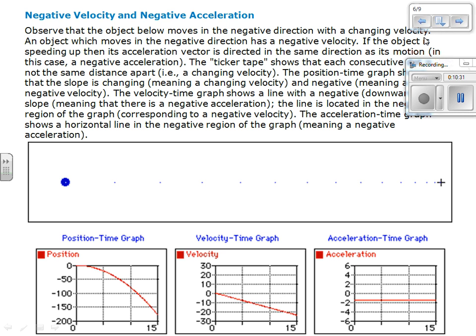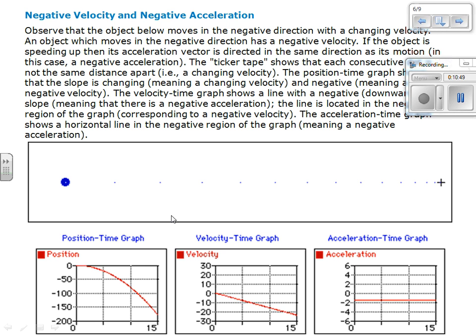Now look carefully here at this position time graph. It's speeding up, which means the slope has to get steeper, but it's going left, right? So it has to be in the negative territory. That's why it's down below like this.